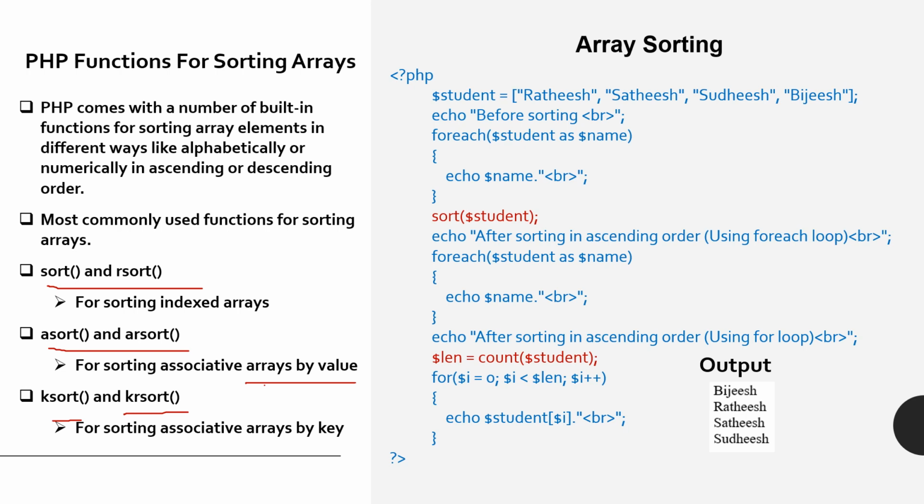It is also possible to display using a for loop, but we need to find the loop control, in the sense the maximum number of elements in that array, we should know. Then only will we be able to do that. That can be done using the count method, which gives the number of elements.